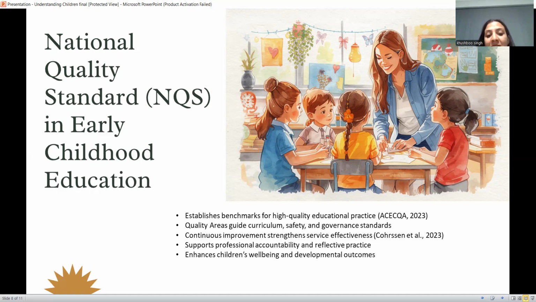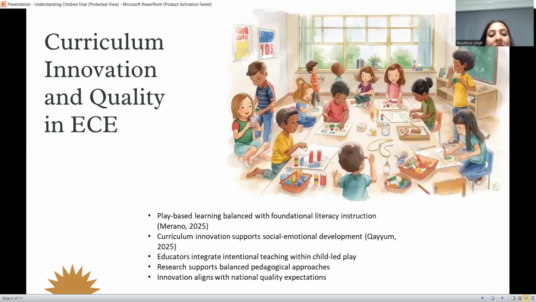Continual improvement is a process that optimizes the service. The NQS reports the importance of being accountable and reflective as an ECT in the future. It helped me understand that the practice of education is about quality, intentional design, and ethical practice.